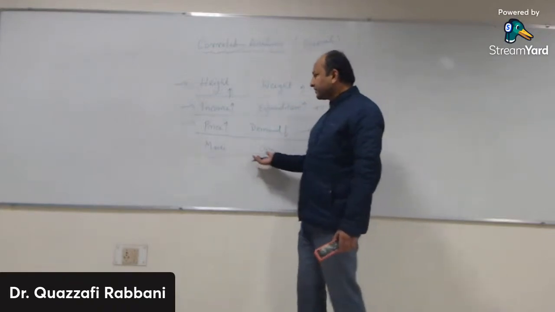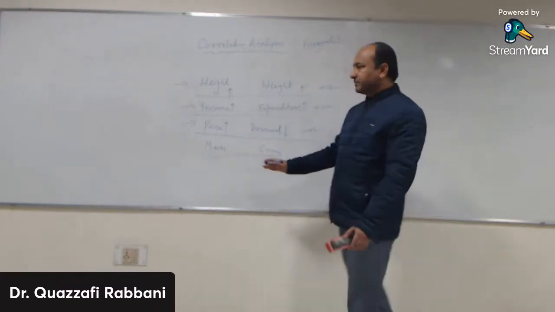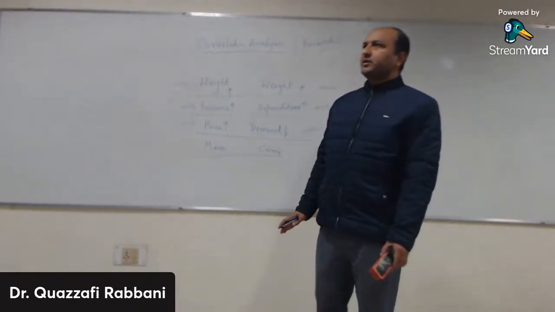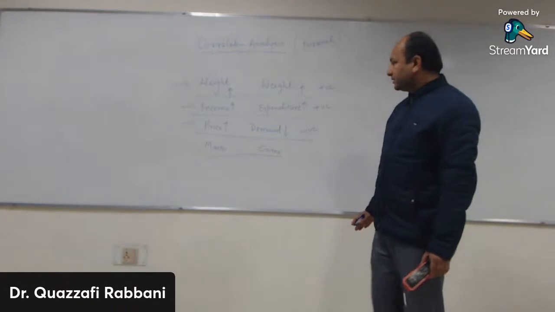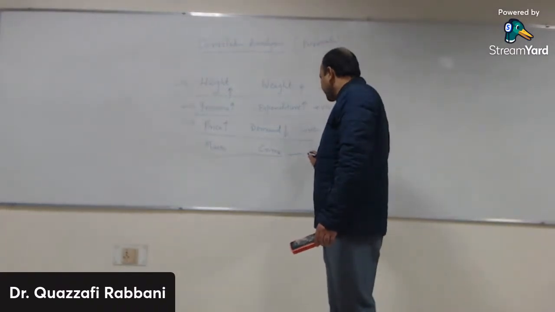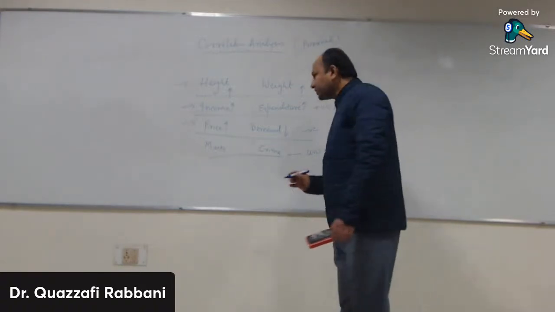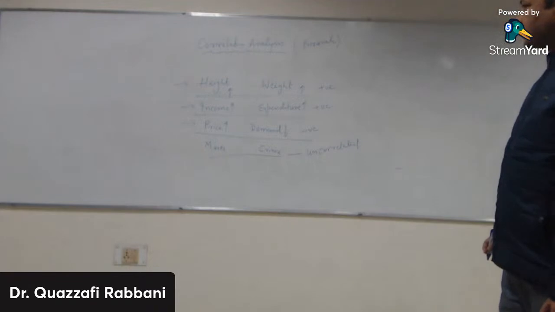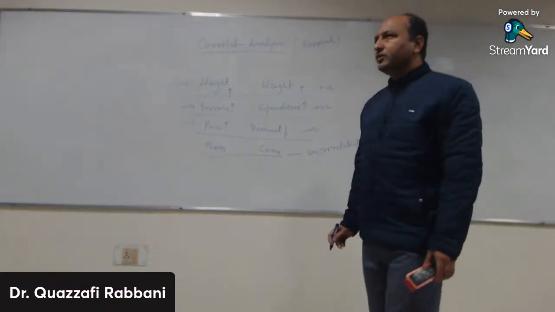Will crime depend on marks? It seems there is no relationship. So you can say marks and crime are not related, they are uncorrelated, meaning no correlation. There is no relationship between marks and the number of crimes. So these are some examples of correlation: positive, negative, and no correlation.